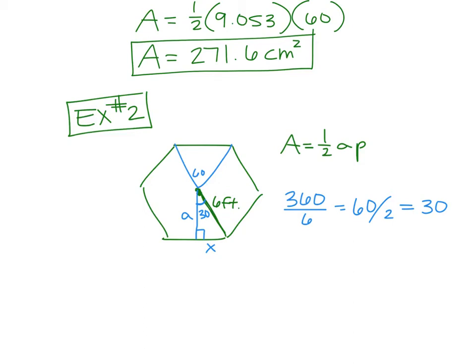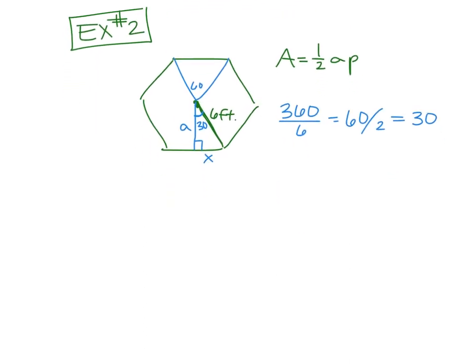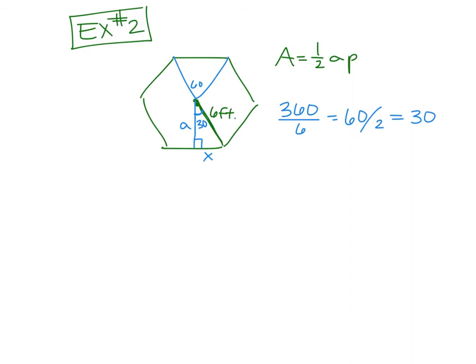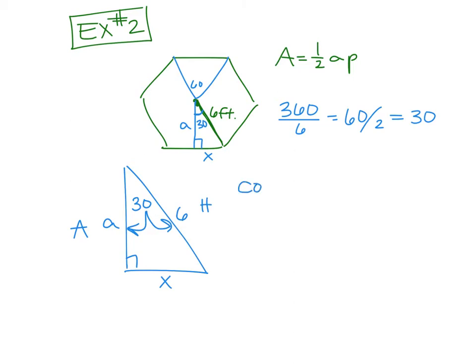Okay, and like I said, I'm going to do the trig. So if I'm solving for my apothem, we're looking at this triangle right now, 30. This is A, this is X, this is 6. If I'm solving for A, I have these two sides. Which trig function would that be? That's cosine, right? Adjacent and hypotenuse. So we're going to say cosine 30 equals A over 6.